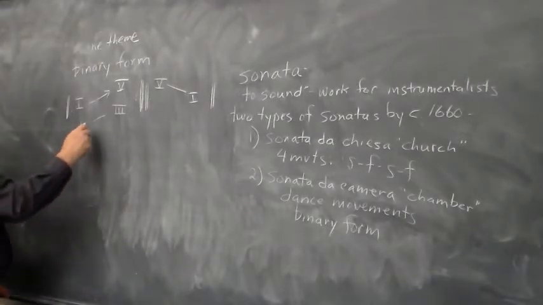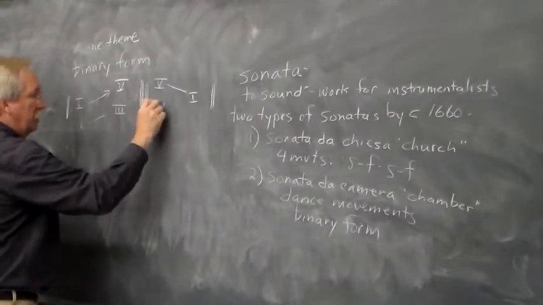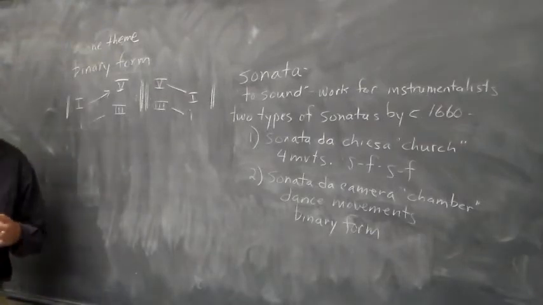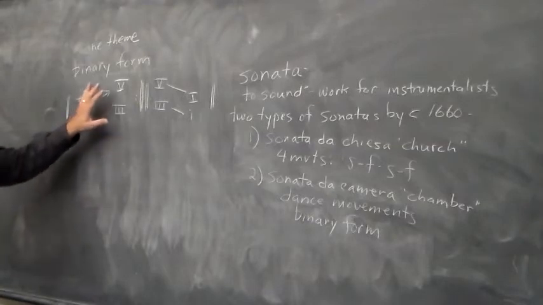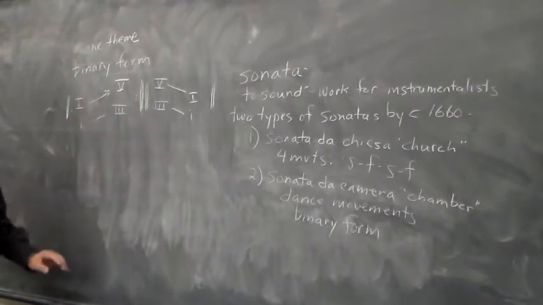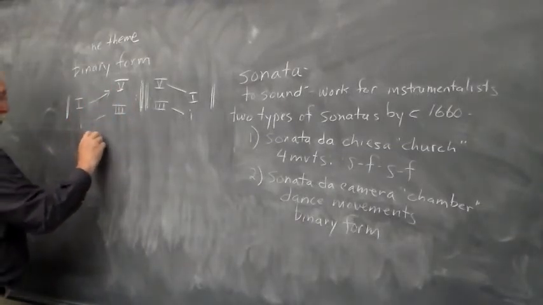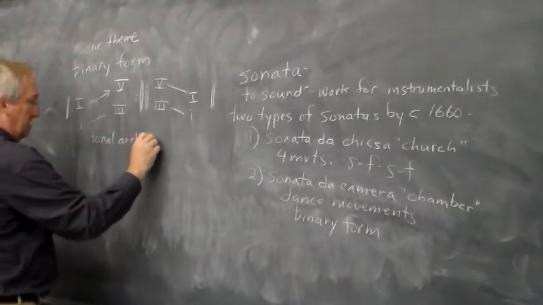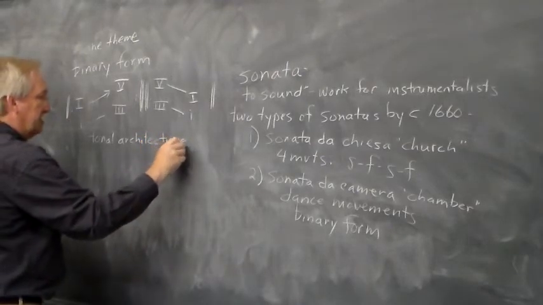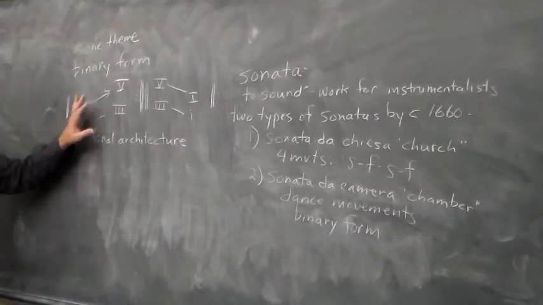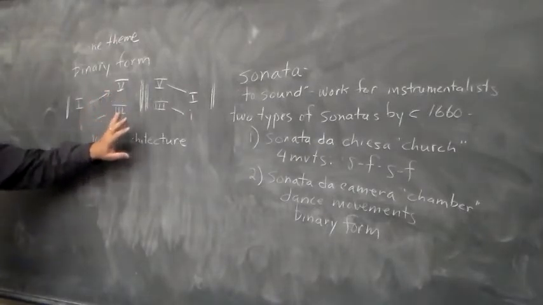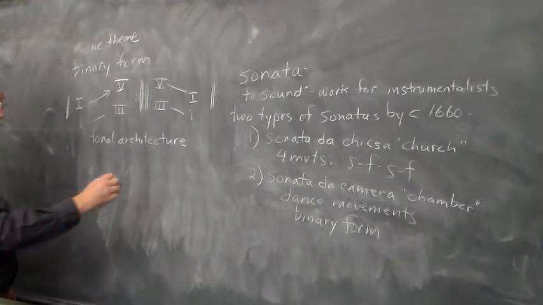But this binary form was the most important predecessor to sonata allegro form. So this made use of the idea of tonal architecture, which is just a basic concept of the form, the organization of the work is based upon a general key scheme, just an overall key scheme.